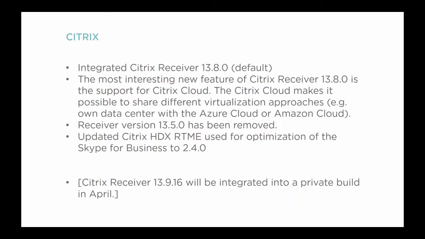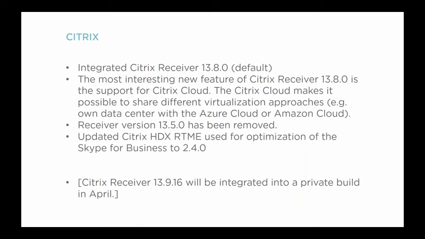People are already asking for 13.9. We'll integrate it into a private build in April still. And also it's going to be in the next version 10.05.100. But for people who are desperate for 13.9, we'll have something in April.